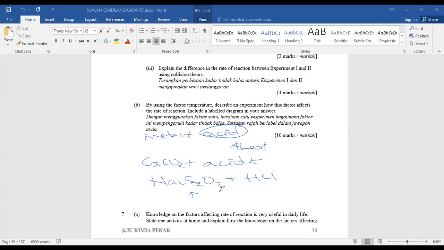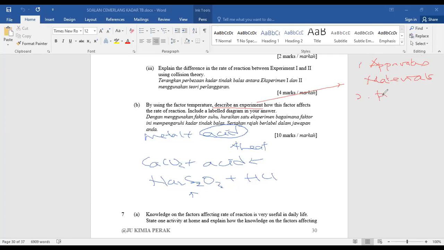Okay. Now all the procedure is in your experiment, in your textbook. Now what I want you to know is that when you are asked to describe the experiment, what should you have when you want to describe experiment? Okay, don't forget, when you want to describe experiment, number one, you should have apparatus and materials.